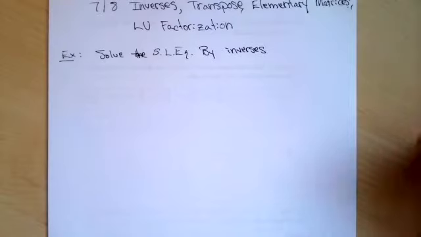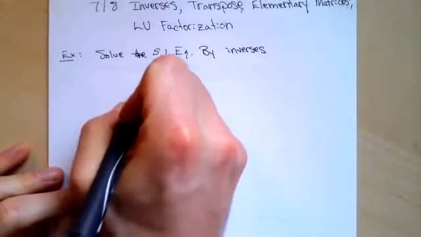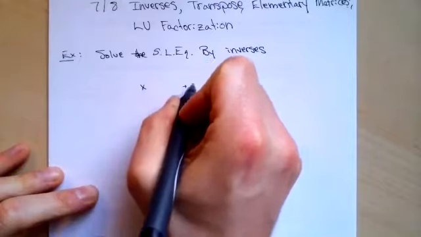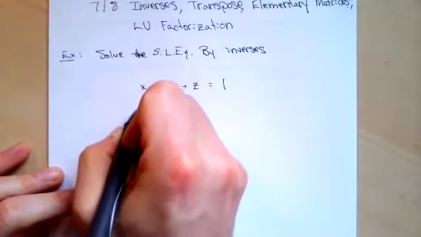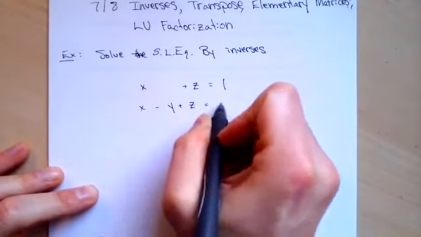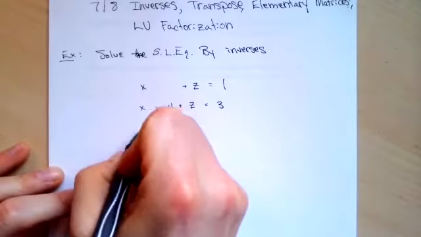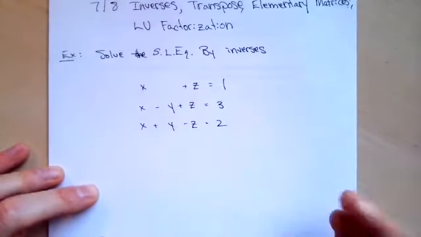But most programming packages already have matrix math installed. So if you needed to solve a system of linear equations, so for example, let's have x plus z equals 1, x minus y plus z equals 3, x plus y minus z equals 2.